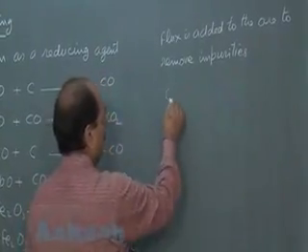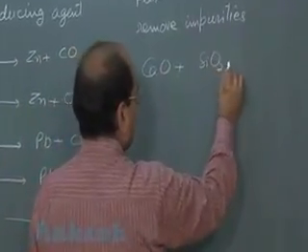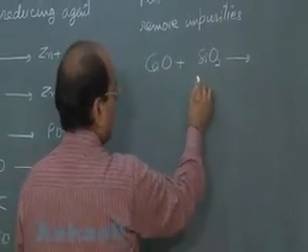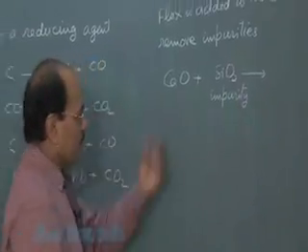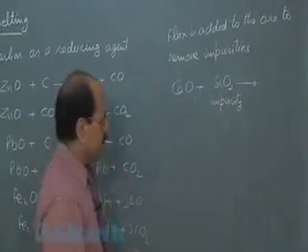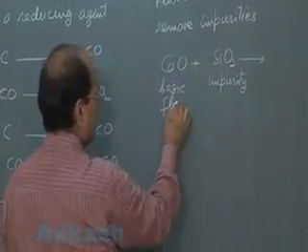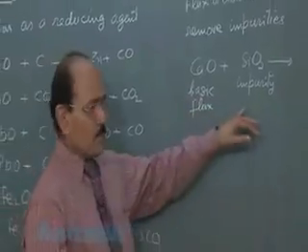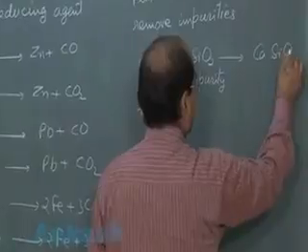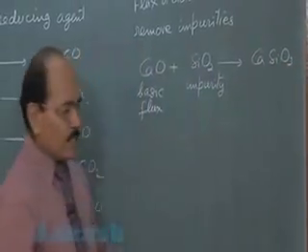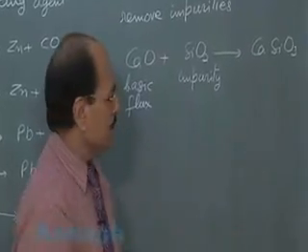For example, calcium oxide is a basic flux which is added to remove silica. Calcium silicate, an easily fusible mass called slag, is formed.